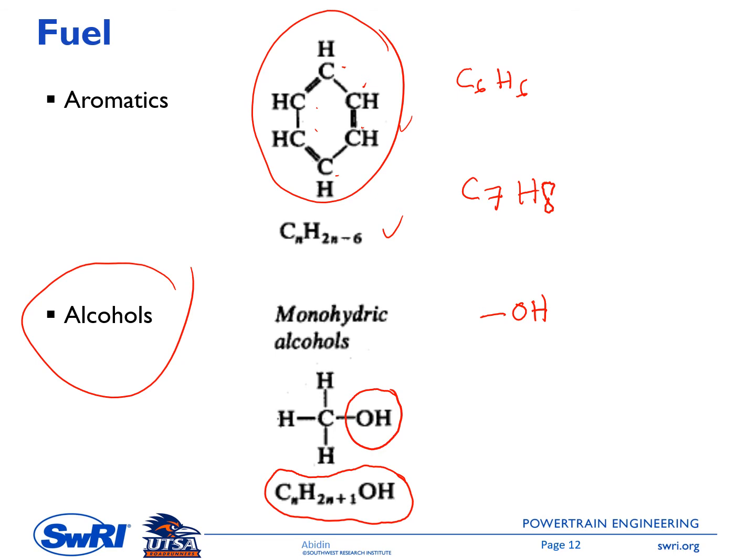So we might have CH3OH. This is methanol. Okay. We might have C2H5OH. This is ethanol. And you know in the fuel station, E10, E15. Once again, this is the mixture of 10% and 15% ethanol to the gasoline.